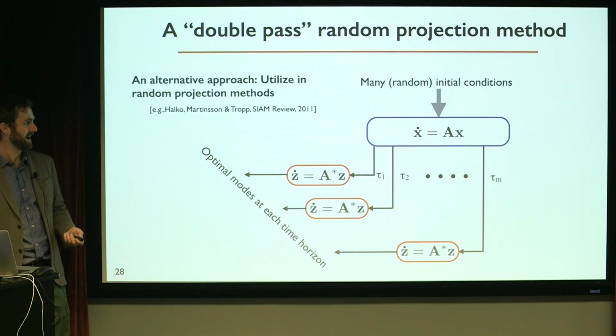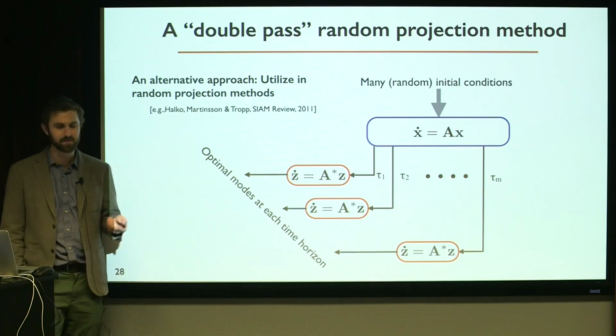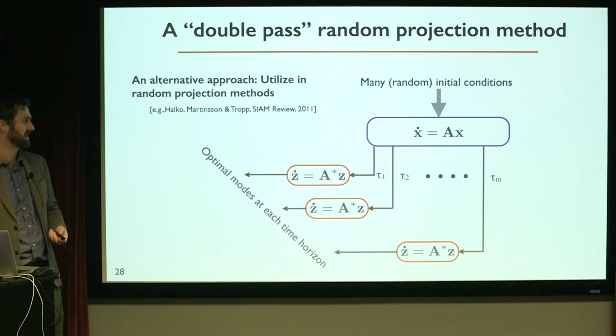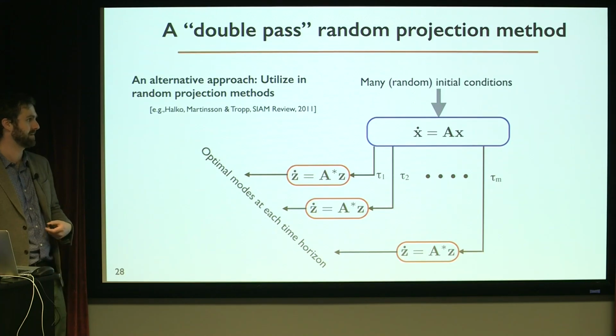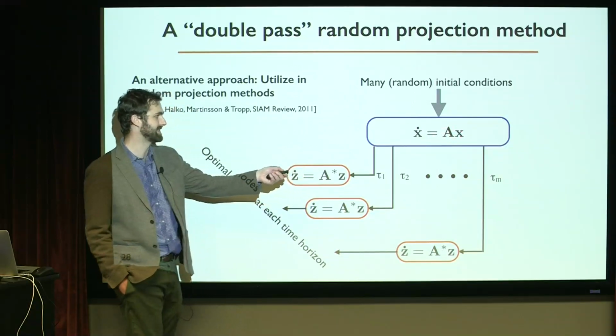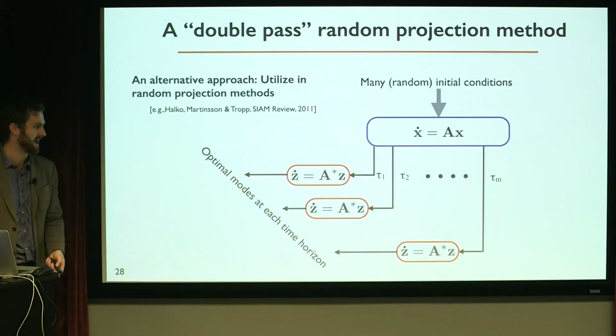It turns out that the formulation of this problem is a natural application of some of these random projection methods that can be used to approximate the action or the properties of our linear operator A.